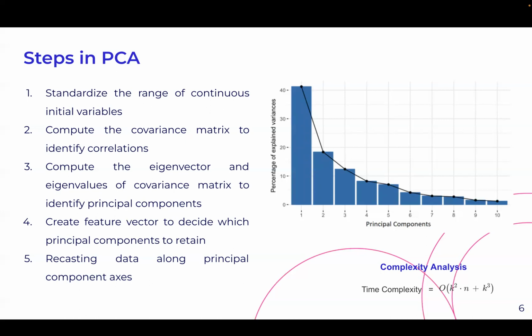Apart from that, we can use PCA wherever possible. But we need to keep in mind that there will be degradation in performance. So there is always a trade-off once you do dimensionality reduction, and you need to take care of those trade-offs once you do PCA.